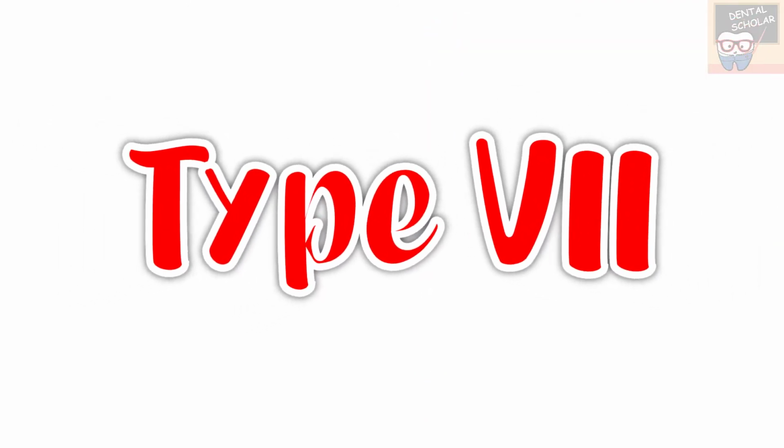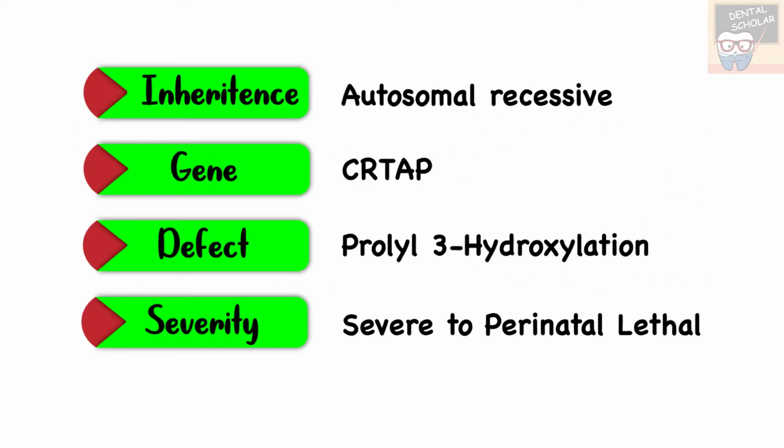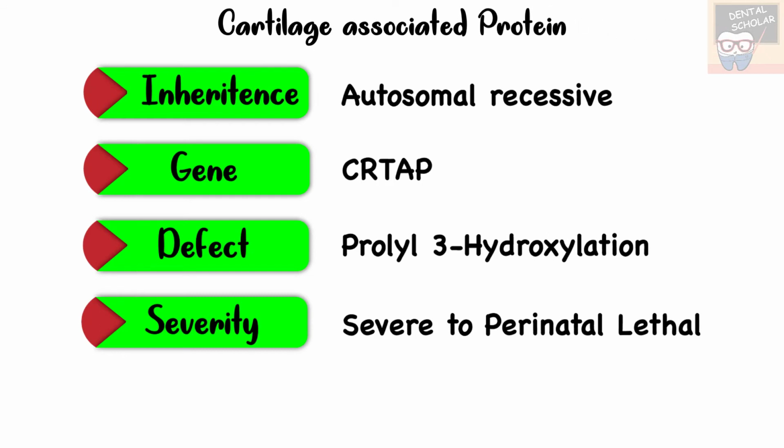Next is type 7 osteogenesis imperfecta, and it shows autosomal recessive inheritance just like type 6. The gene affected is CRTAP, that is cartilage associated protein gene, and the defect is in prolyl 3 hydroxylation. So there is a defect in the hydroxylation of collagen. It is severe to perinatal lethal.